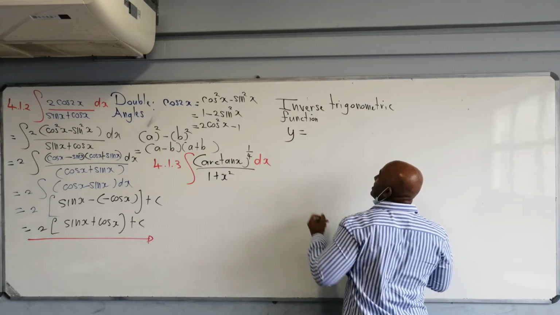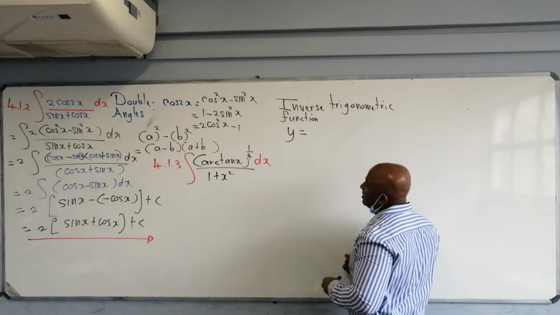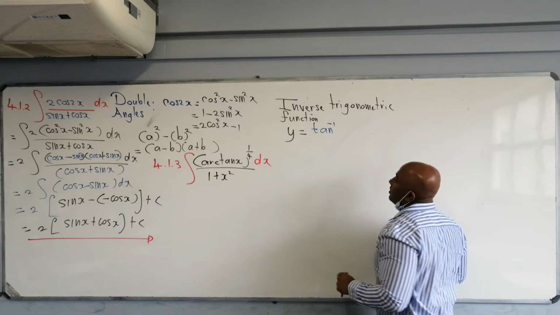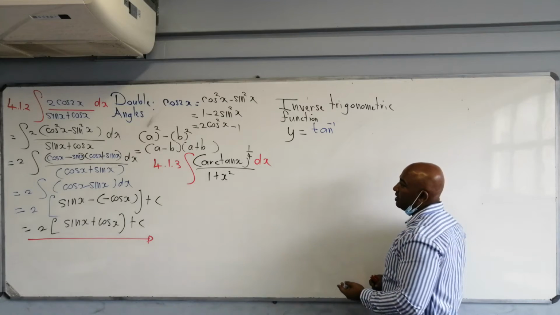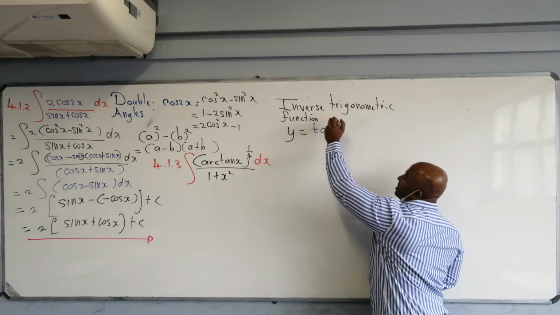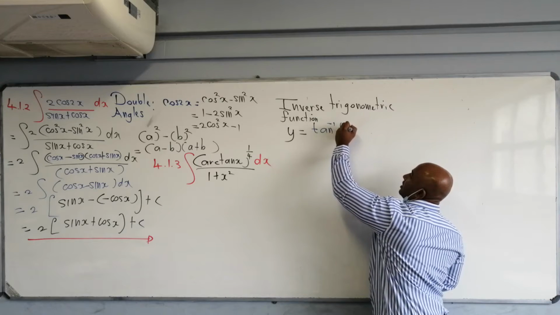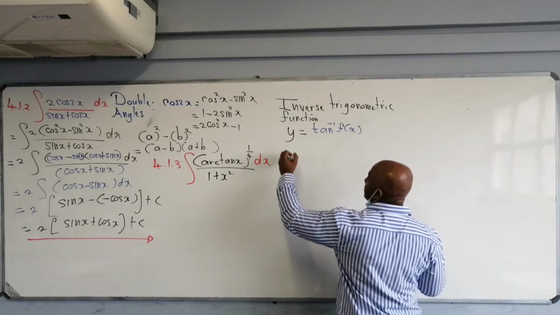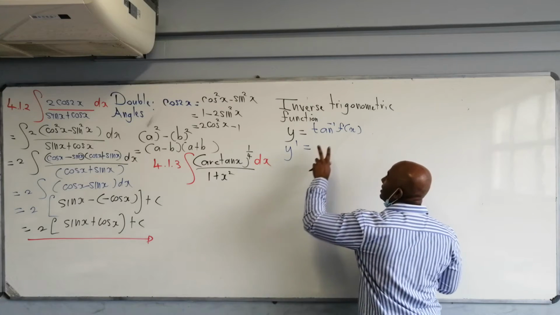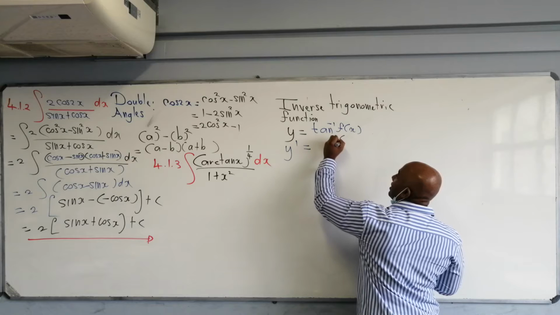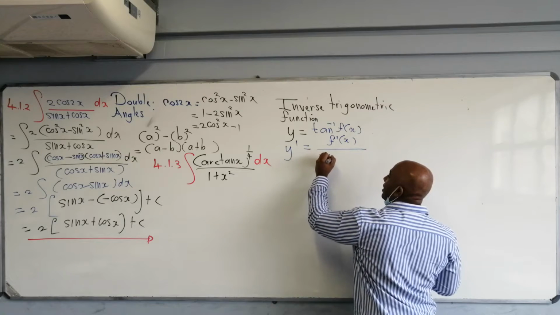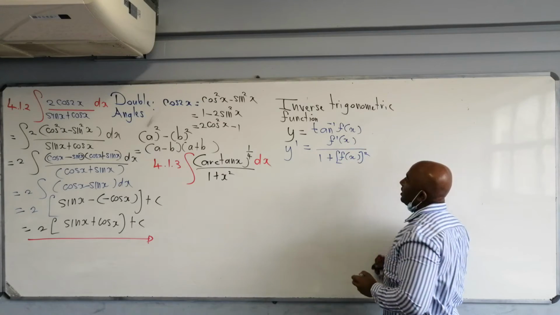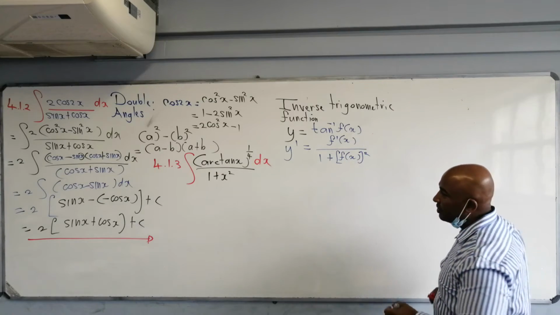I have y is equal to arctan. So when you write the minus 1 there, it means arctan or inverse tan. And then you got your function of x, let's call it f of x. So what is the derivative of arctan? So y prime, the derivative here is going to be f prime x all divided by 1 plus f of x all squared.